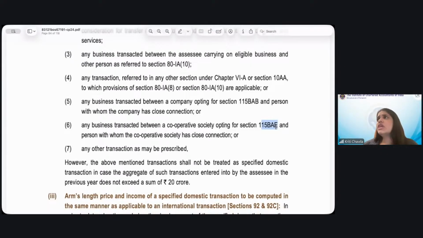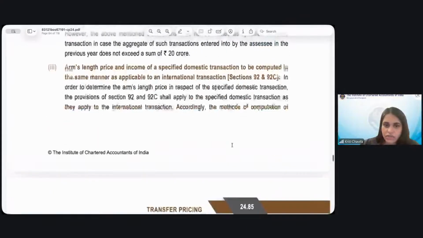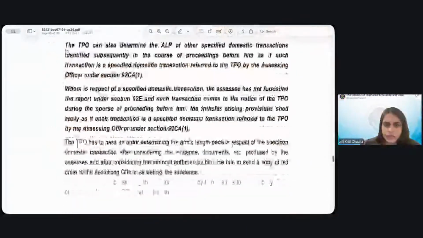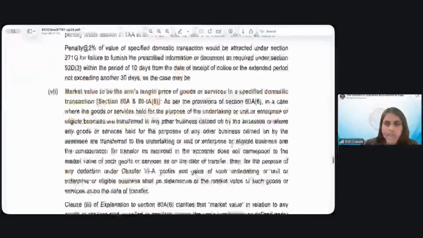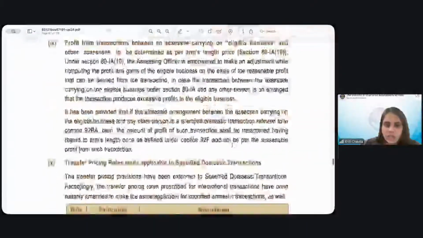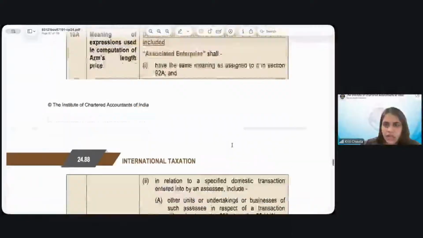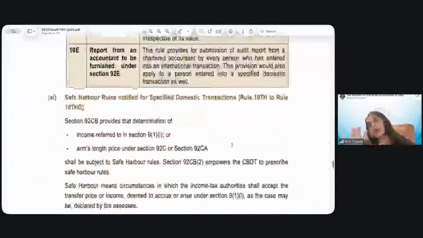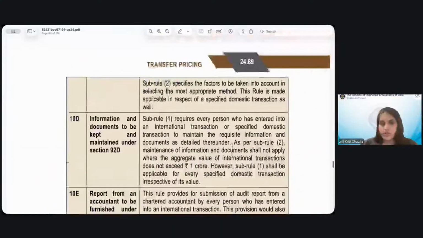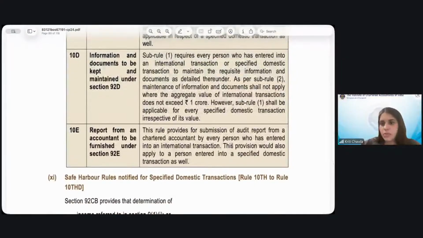And domestic transfer pricing provisions run in a similar manner. You'll have to do all the benchmarking exercises. You'll have to maintain a TP study. You'll have to do Form 3CEB also for the purposes of these transactions. These are all the penalty provisions out there, and the applicability of provisions to specified domestic transactions.